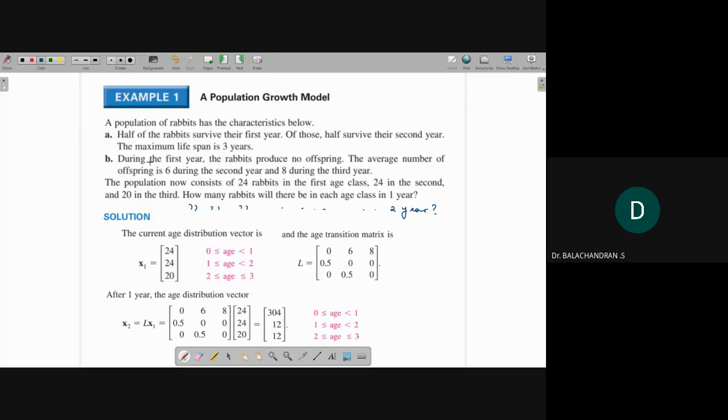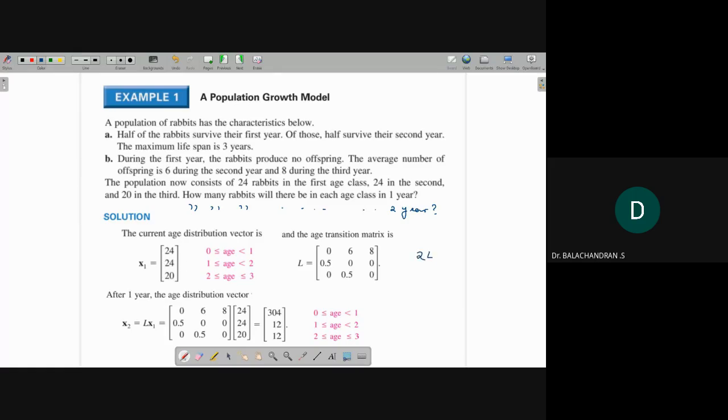So during the first year, the rabbit produces no offspring. The average number of offspring is 6 during the second year. So in the second age class, how many rabbits are there? 24.